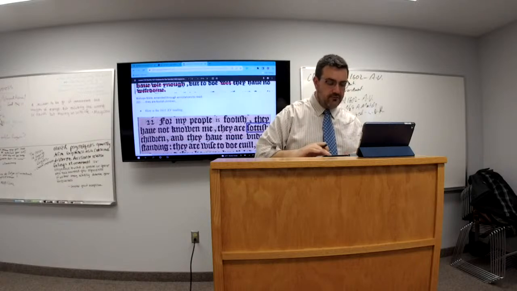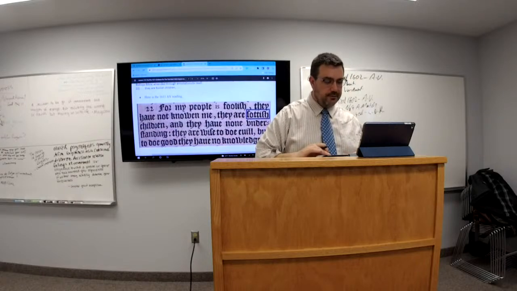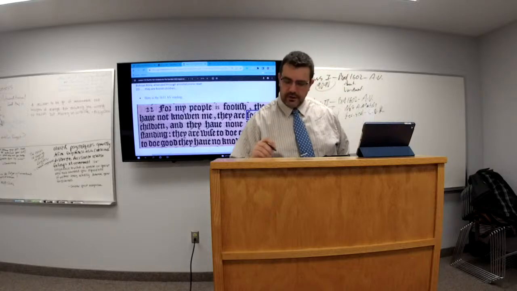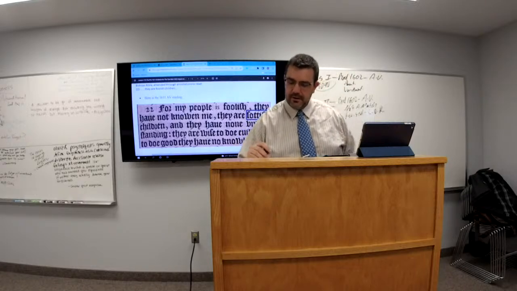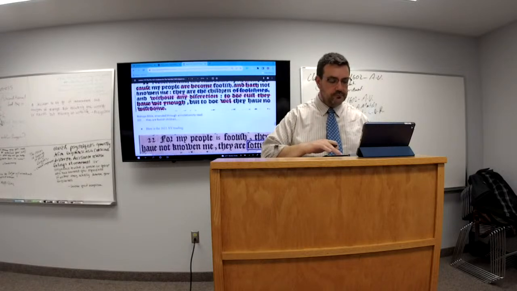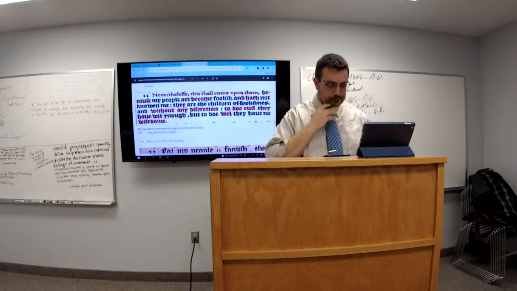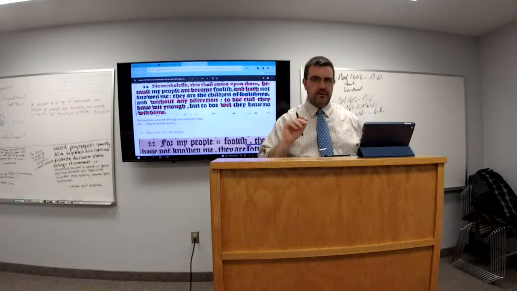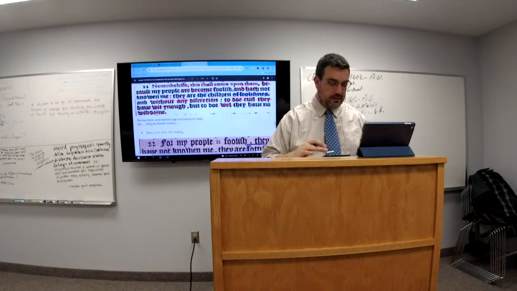So then we can look at the AV reading. Notice it says "for my people." So they insert the word "for." Now here's where we have to be careful, and I think we need to be careful on that other one, the more I think about it.